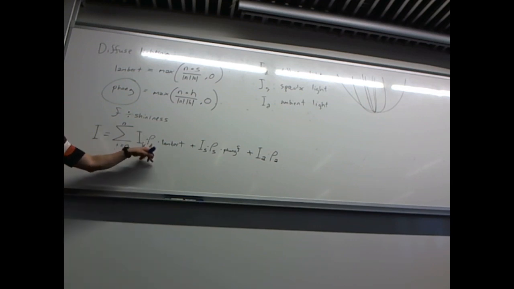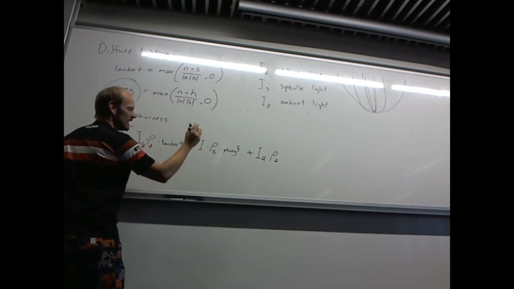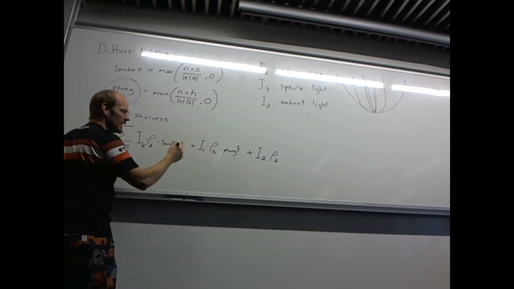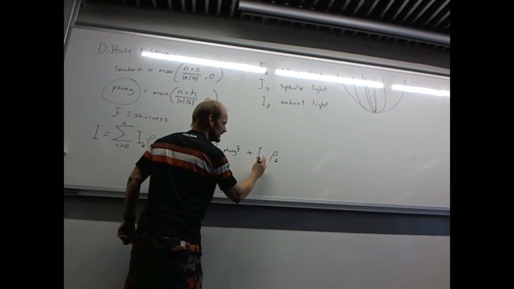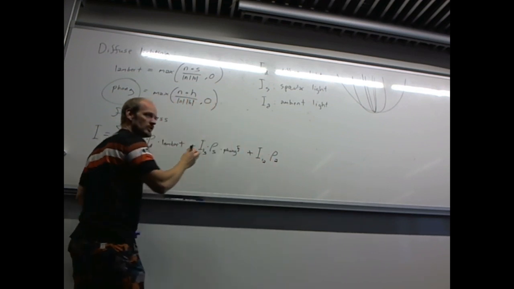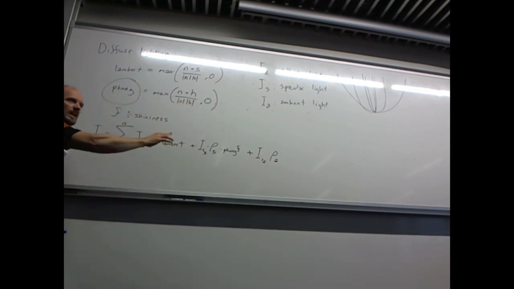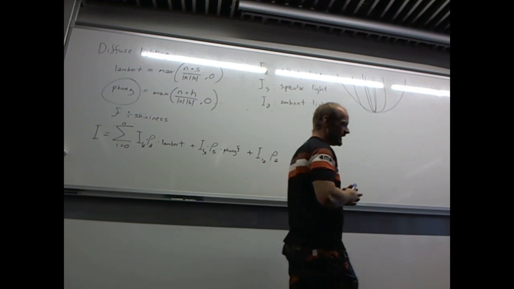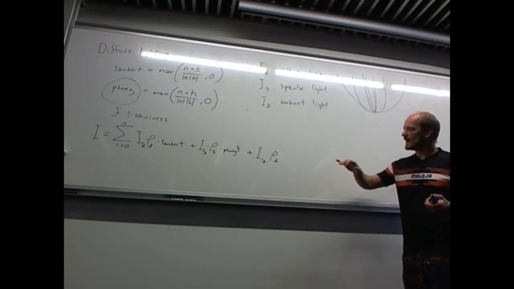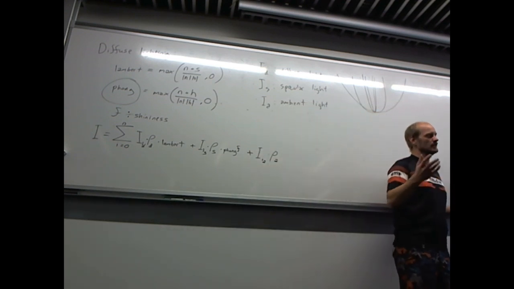The material, though, is just the one material, so we're always just using the diffuse of the material. Then light number i's specular factor, and then light number i's ambient factor. So with several lights, I have to do this for every light, and I have to sum the entire thing up.